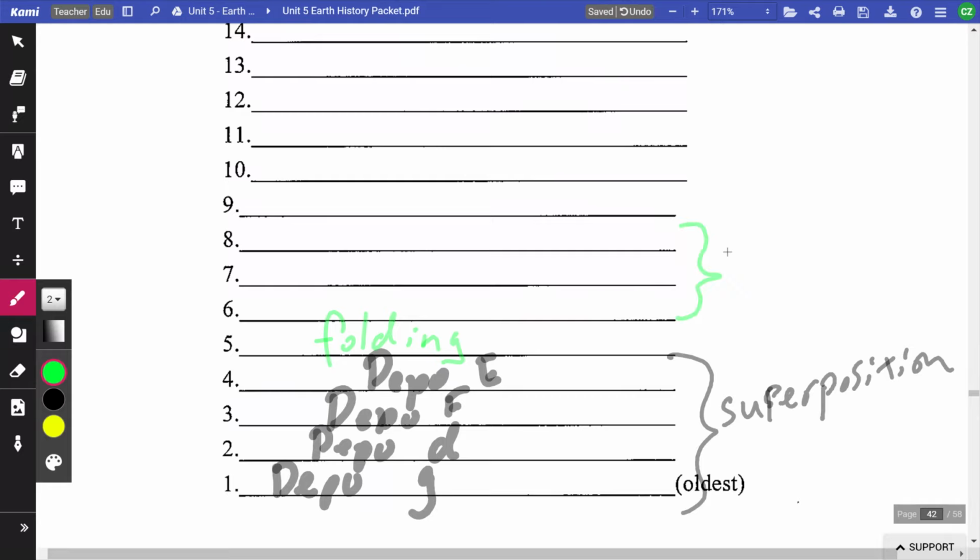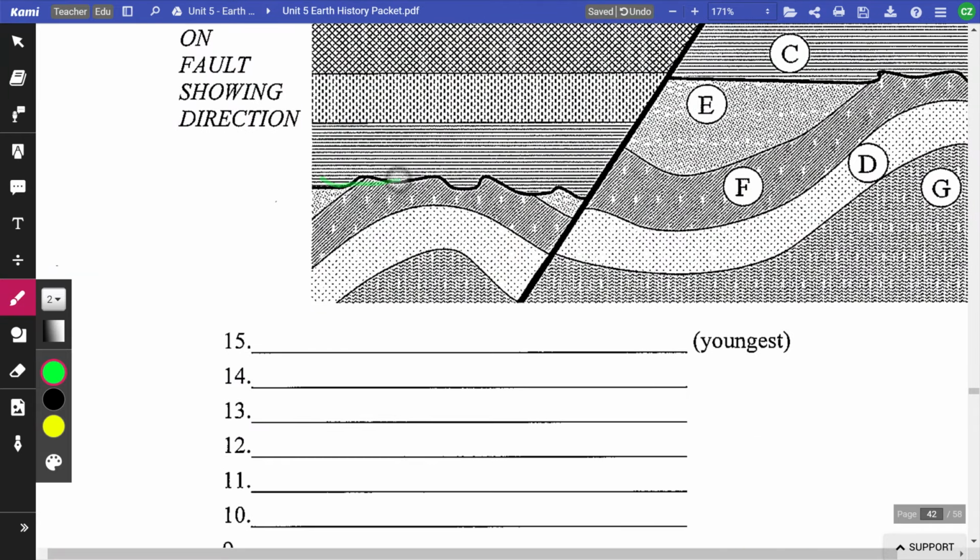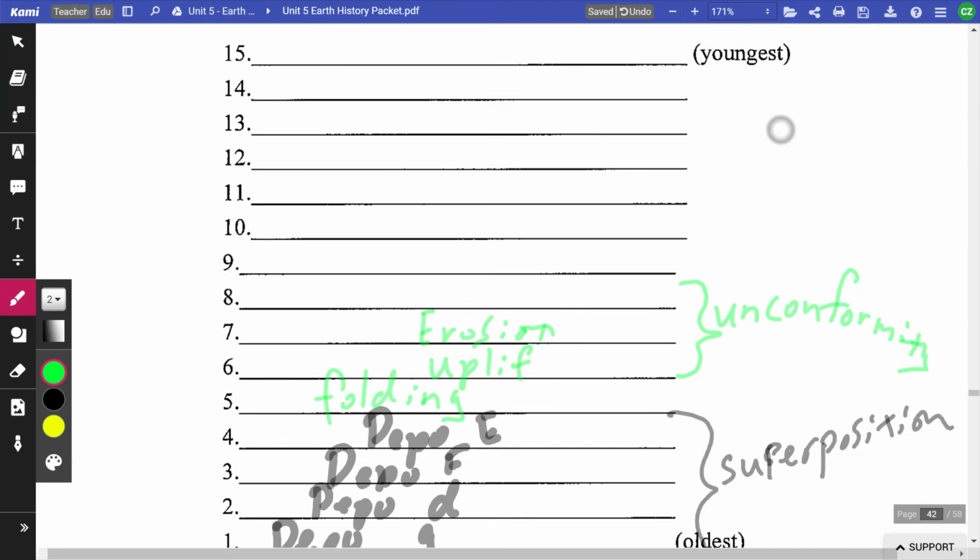And then we enter our unconformity, and our unconformity has 3 pieces to it. We have uplift, erosion, and since there are horizontal layers on top of this unconformity, we went back underwater for more deposition, so subsidence, okay?